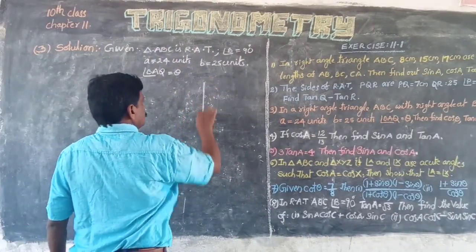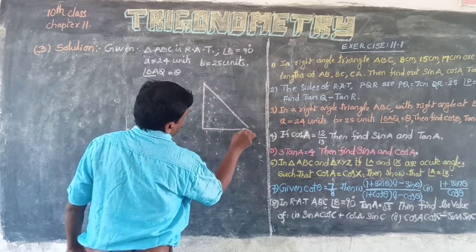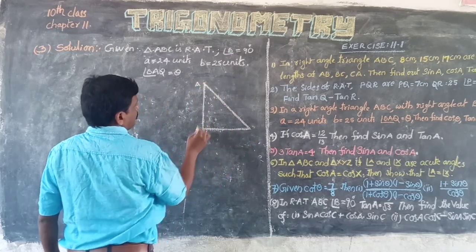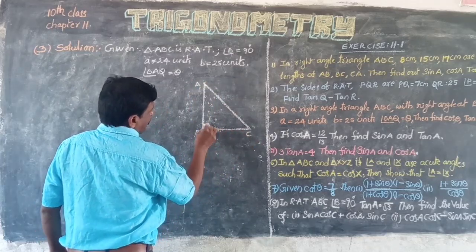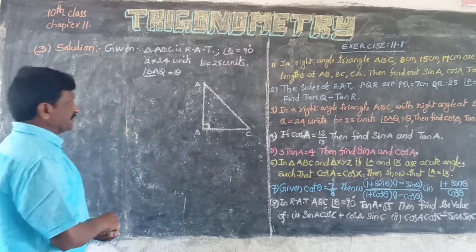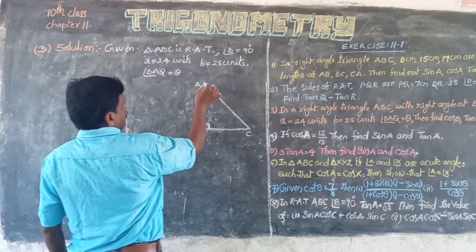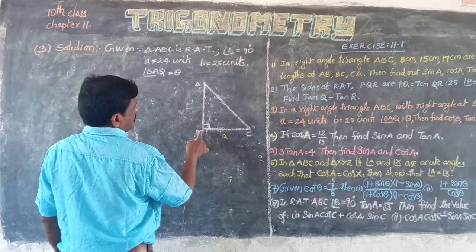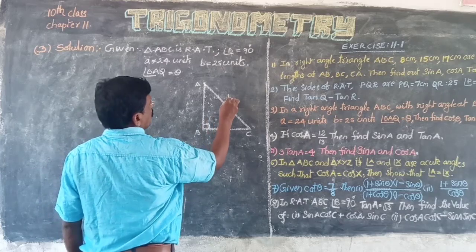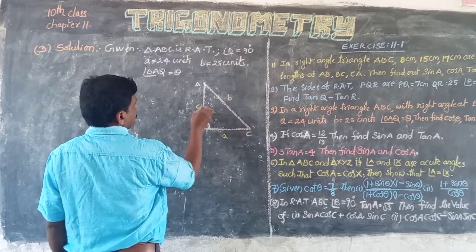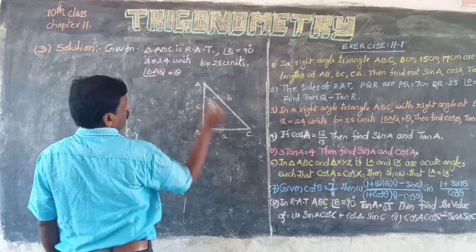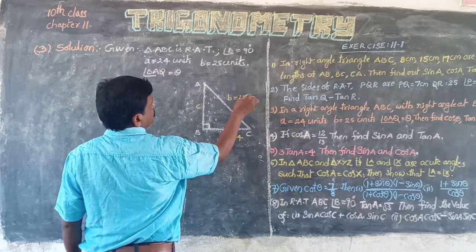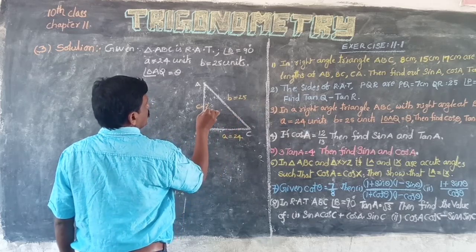So you will draw the right angle triangle A, B, C. Angle B is the 90 degrees right angle. The side opposite angle A is small a, opposite angle B is small b, opposite angle C is small c. a is 24, b is 25, c is the question mark.